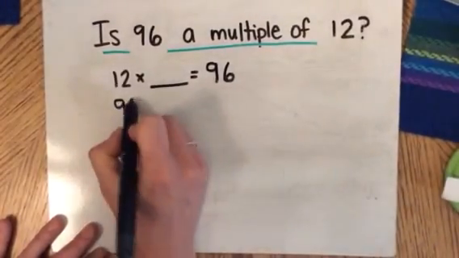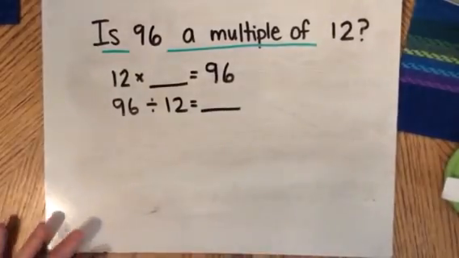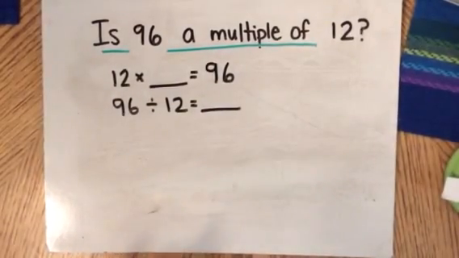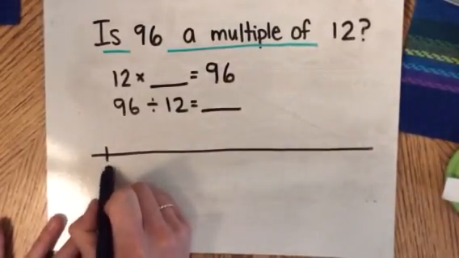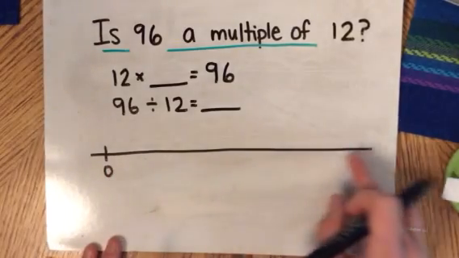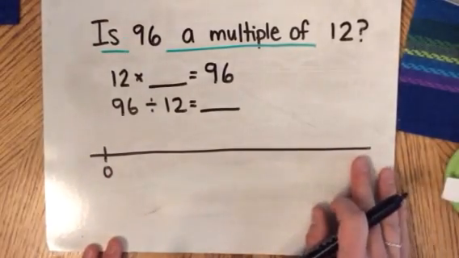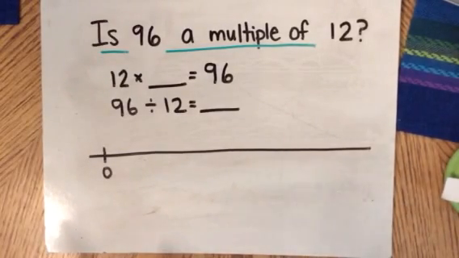Or can I divide 96 by 12 and get a whole number? Try it on your number line. Again, if you need to pause the video, you may. Right now you should be skip counting by 12s and seeing if you can land on 96.